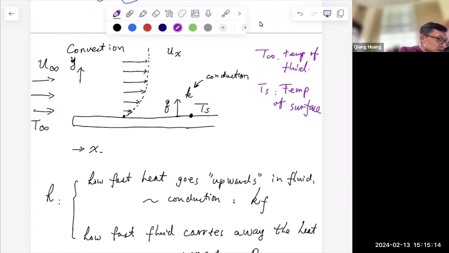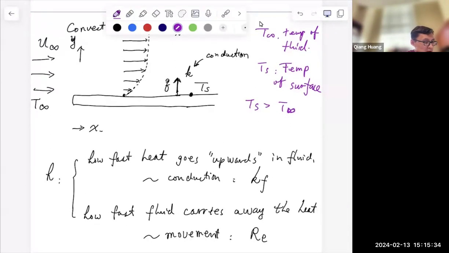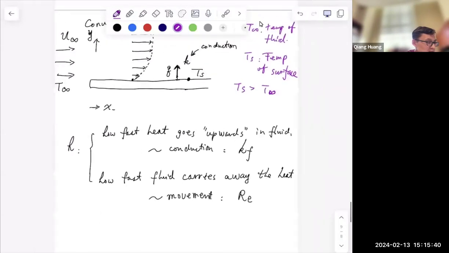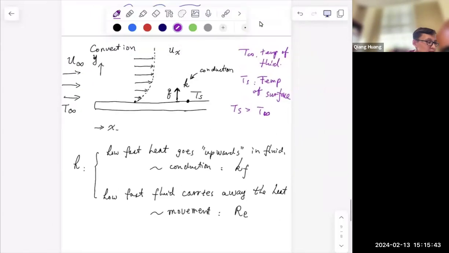And because I drew the heat traveling upwards previously like this, the assumption was Ts greater than T infinite. And of course, if it's opposite, it's fine. The Q will have the opposite direction, and everything else will be the same, basically just a negative sign for everything. So this is the physical picture of convection.